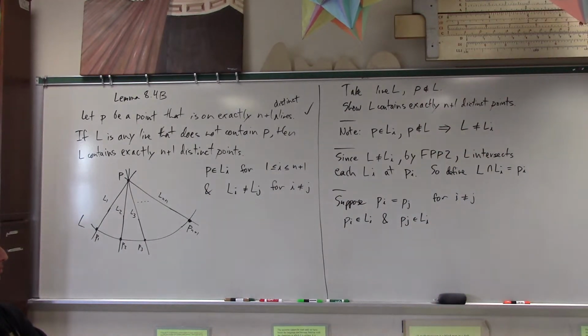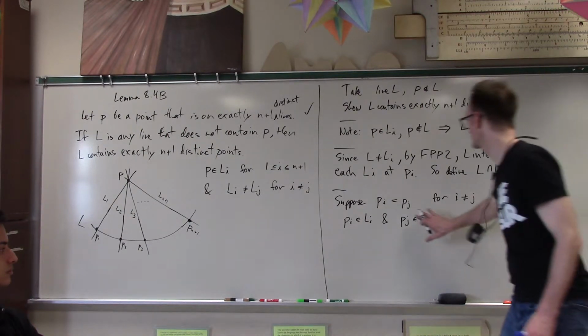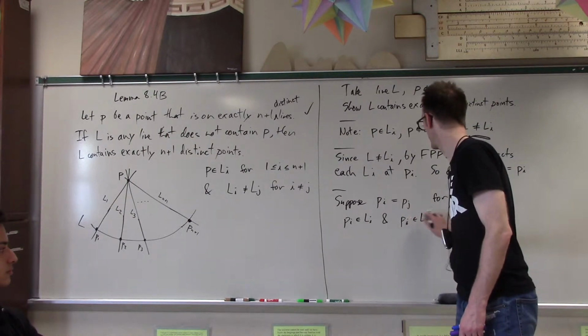Wait, is this what I want to do? No. Wait a second. What's going on? Pi is on Li, and Pi just is Pj, so I guess I want to say that Pi is on Lj.